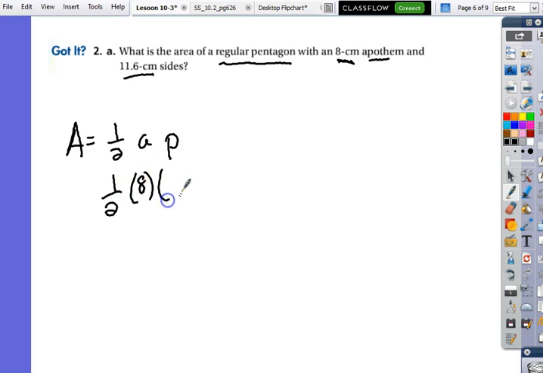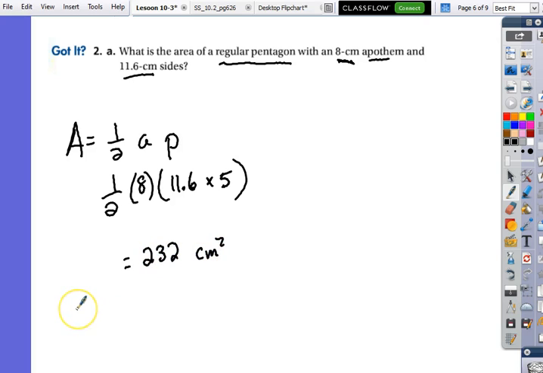And how do I find the perimeter? You do 11.6 times 5, because a pentagon has 5 sides. So 0.5 times 8 times 11.6 times 5, and I get 232. So the area is 232 square centimeters.